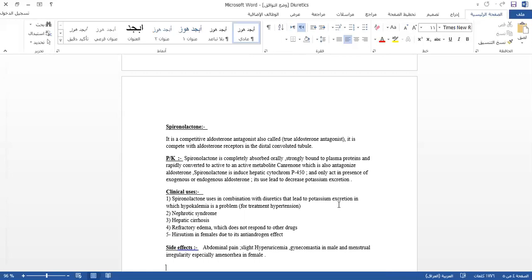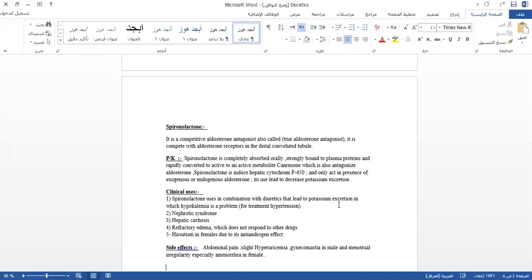It leads to decreased potassium excretion. When there is no significant circulatory level of aldosterone, as occurs in primary adrenal insufficiency, which is called Addison disease, there is no diuresis induced by spironolactone. So it needs aldosterone for its action.